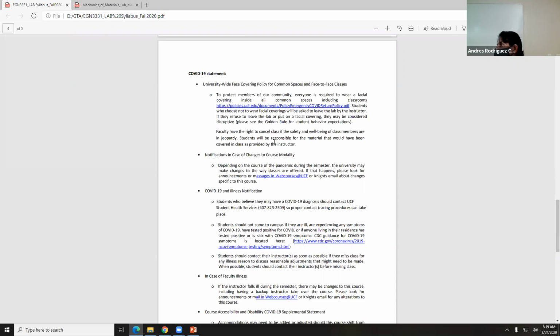You have to use your face mask every moment that you are here at UCF. You have to wash your hands and everything that we already know. You have to explore a little bit more with this reference. We don't have enough time in this class to go deeper, but it's very important to consider the COVID situation right now in order to avoid the risk.